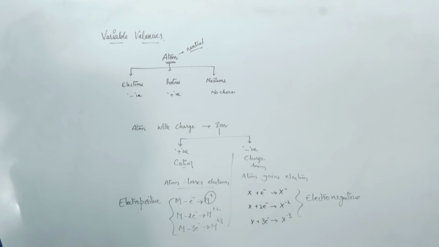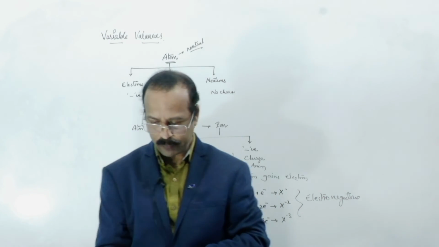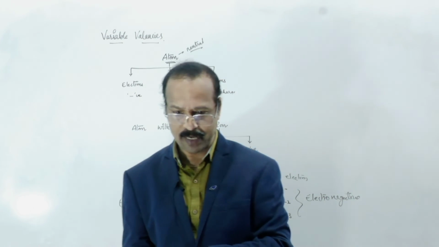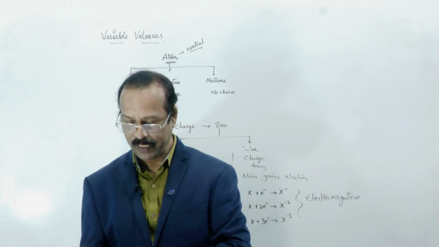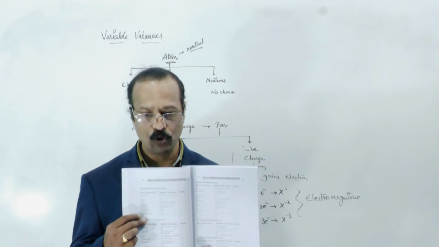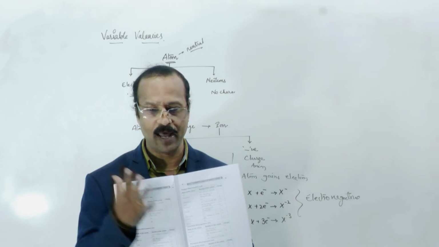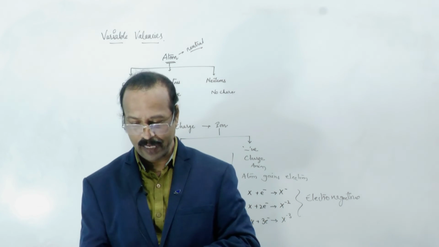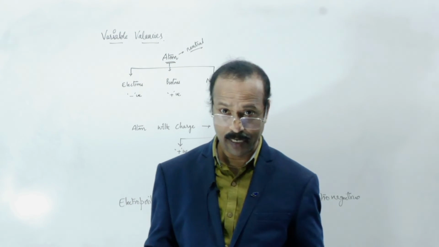So students, now if you open the page number 28, today's your work. So here you can see monovalent, divalent, trivalent, tetravalent ions are there. So these all ions you have to learn.